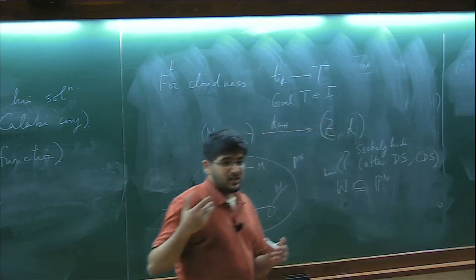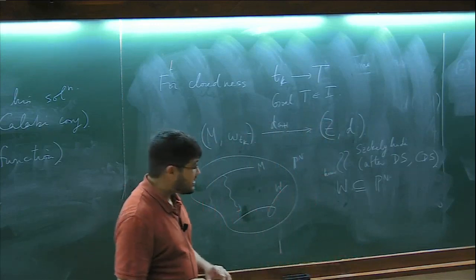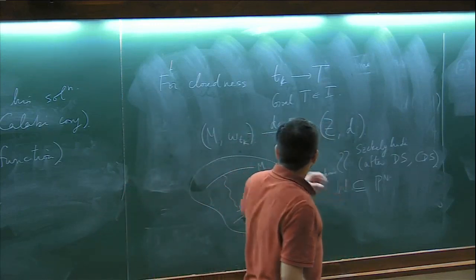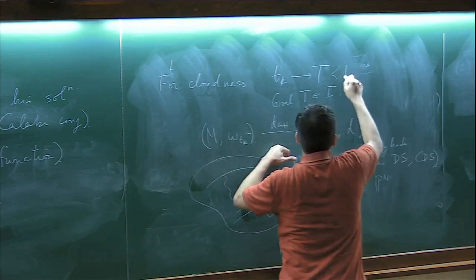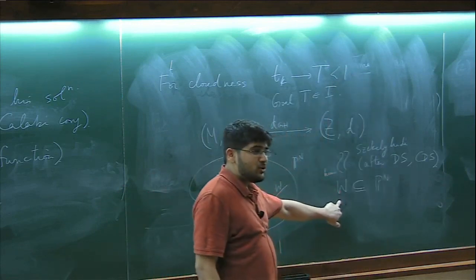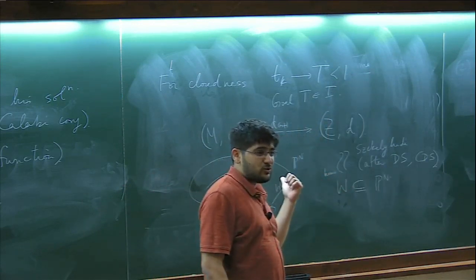If you know that your manifold is K-stable, then one can show, especially if T is less than 1, that W has to be biholomorphic to M.